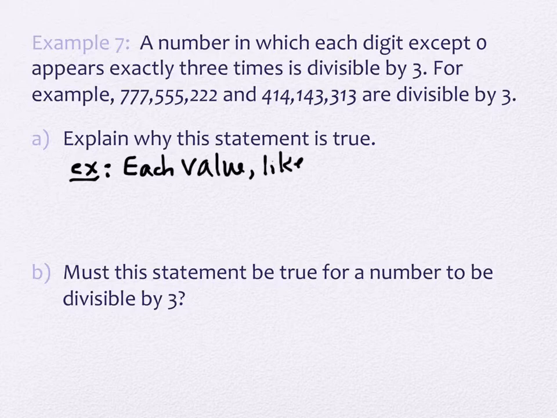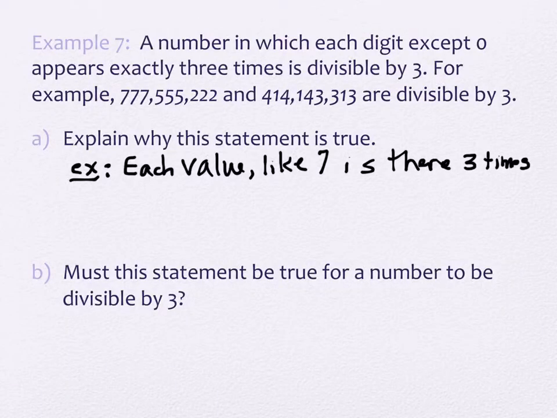Okay, I'm going to give you your example with a 7. So each value like 7 is there 3 times. So we have, for instance, 7 plus 7 plus 7.